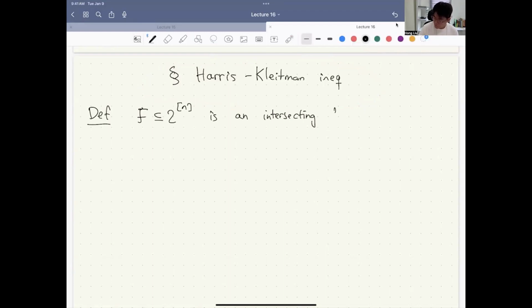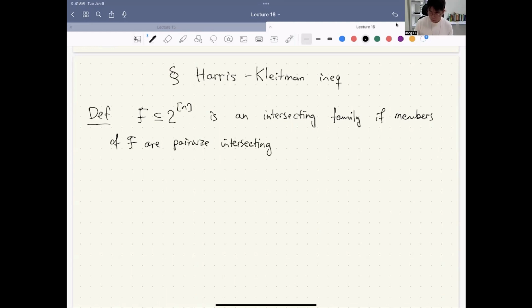It's an intersecting family if members of F are pairwise intersecting, i.e. for any F and F prime in F, F intersect F prime is not empty.